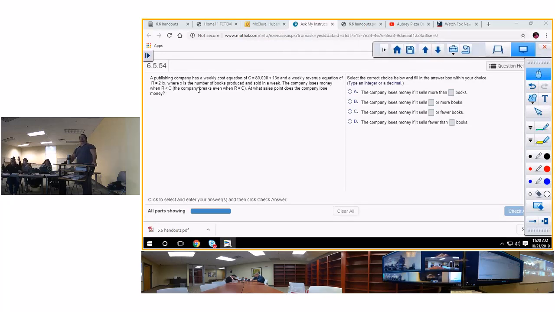A publishing company has a weekly cost equation of C is equal to 80,000 plus 13x, and a weekly revenue equation of R is equal to 21x, where x is the number of books produced in a week. The company loses money when R is less than C. So what are you going to do there?